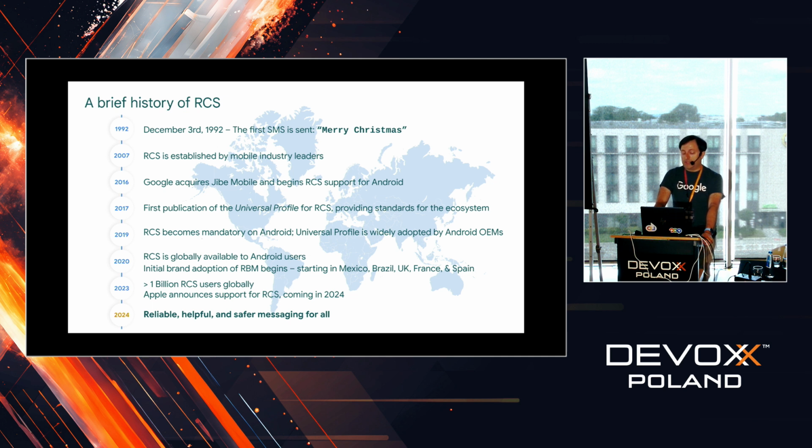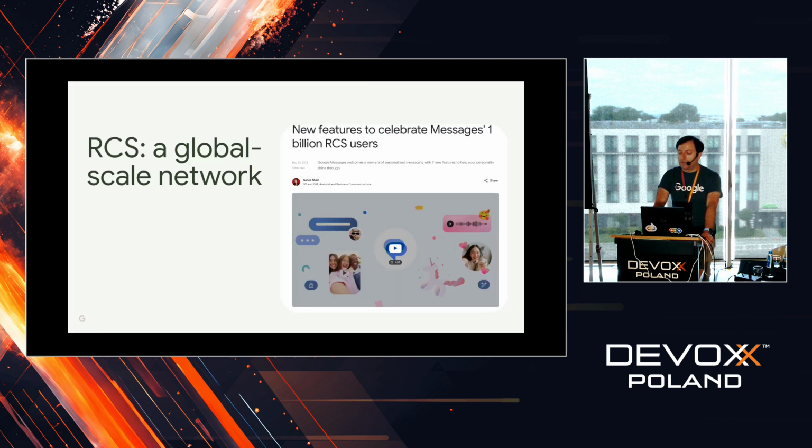And in the last, let's say, about 5 years, RCS went from very low usage to 1 billion daily users. So that is a huge leap in usage. That is actually, I think, very impressive. And this is just another announcement we had about we reached 1 billion users.